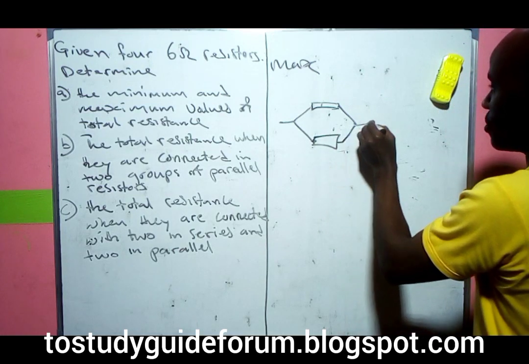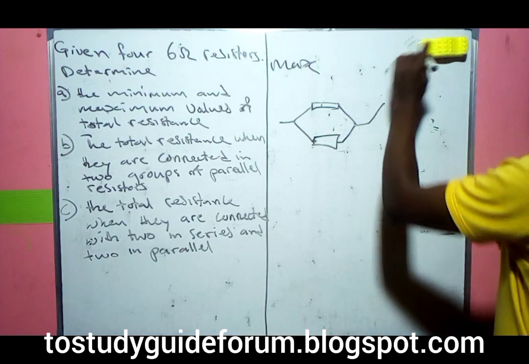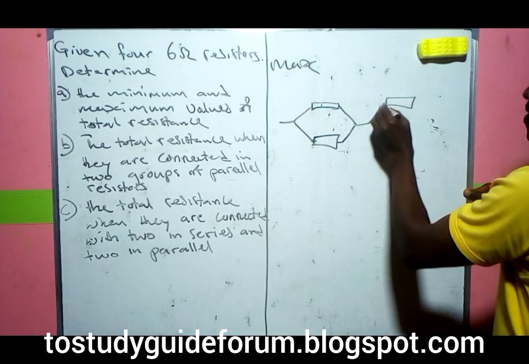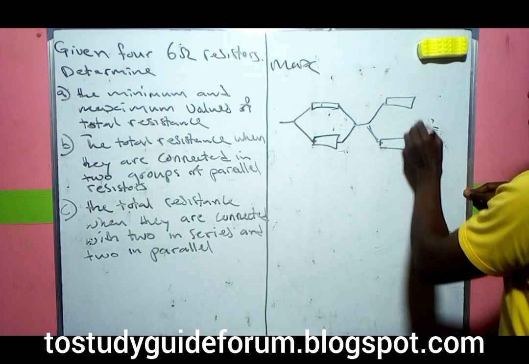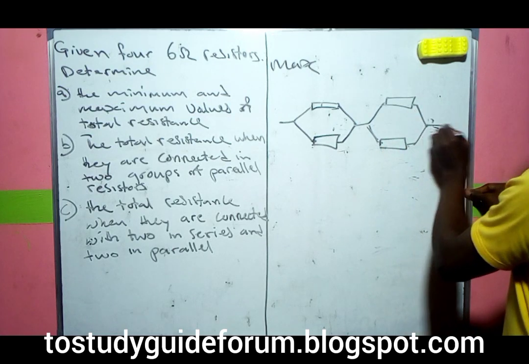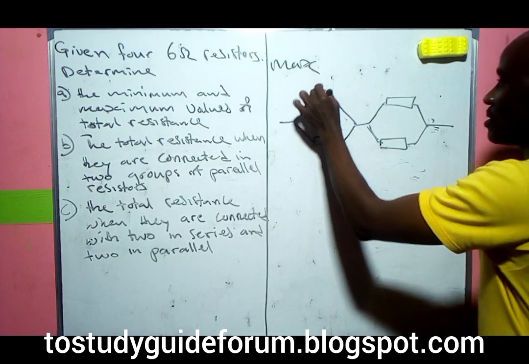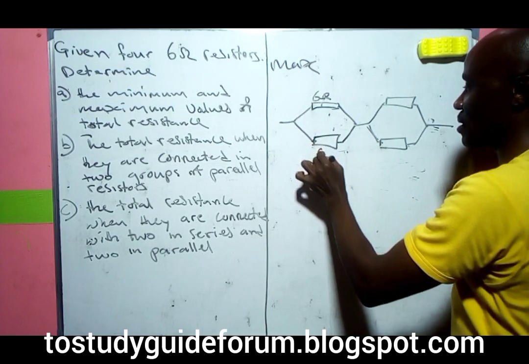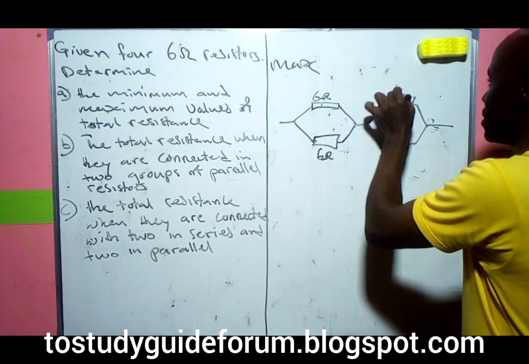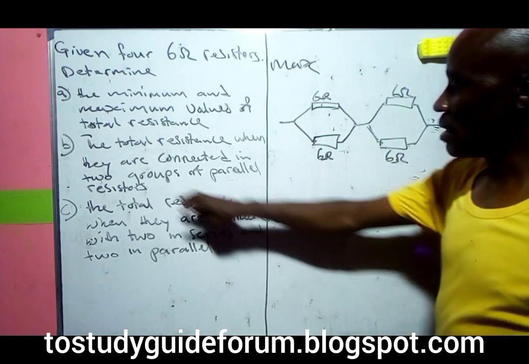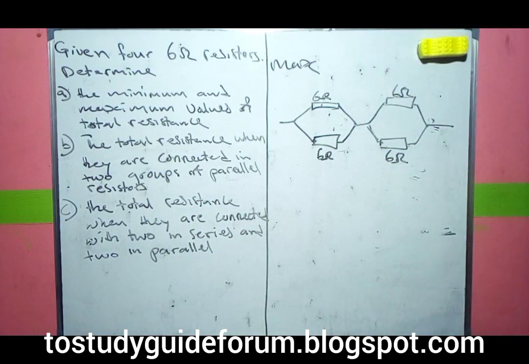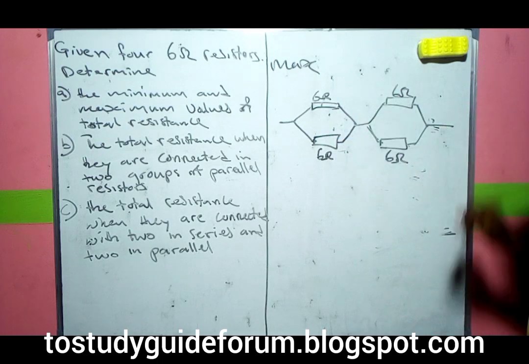Don't mind my drawing. This is 6 ohms, another 6 ohms, another 6 ohms, and then another 6 ohms. A group of two in parallel means parallel to each other.